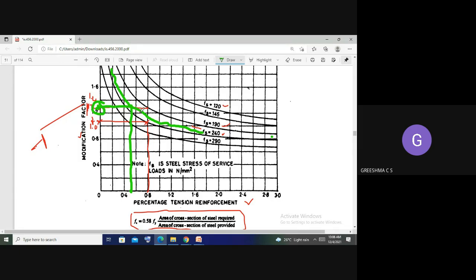So you just extend the curve like this. That means it should be approximate. അതായത് this is 0.6, ഇത് 0.8 ആണ്. So exactly 0.5 എന്ന് പറയുമ്പോൾ നടുക്ക് വരും. So 0.5 മുകളിലേക്ക് എക്സ്റ്റെൻഡ് ചെയ്യുക. 235 എന്ന് പറയുമ്പോൾ താഴത്തേക്ക് വരാം. Just touch that 235 curve and extend to the side. So at this point, what is the value? That will be the modification factor.